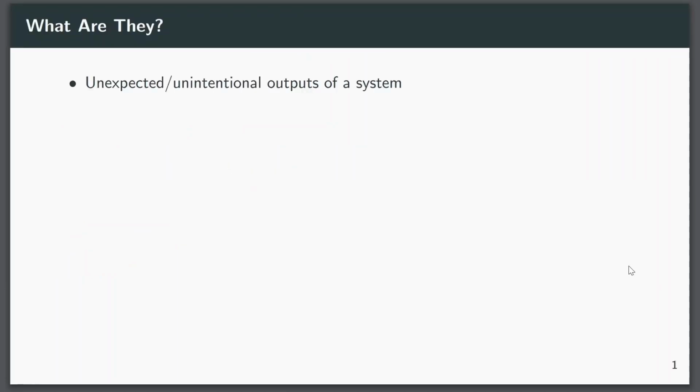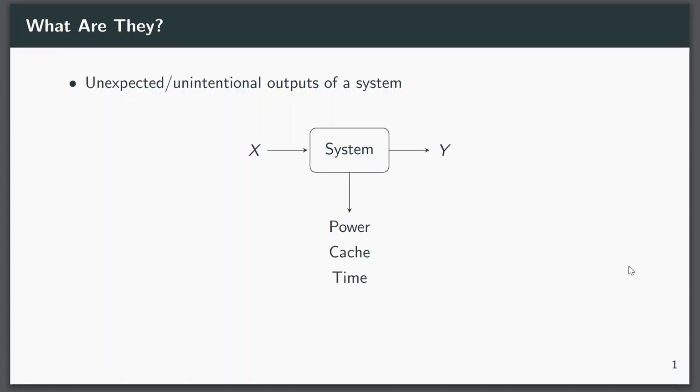A side channel is essentially an output of a system that is usually unexpected. So suppose we have a system that takes X as input, does some computations and outputs Y. Y is the result we are expecting to observe. But in addition to Y, we could also observe the power consumption, access to cache, running time, and so on.